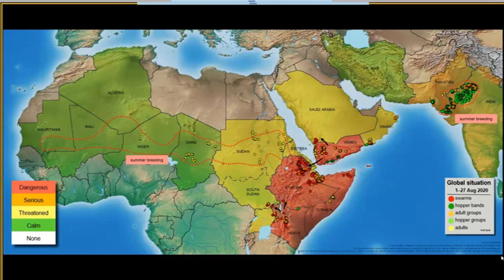So you can see the geographical distribution of the current problem, and this is constantly shifting. This is a dynamic emergency. It's not like those rains in Karachi that you had 2 days ago. The rains, they started, they stopped, you have flooded areas and you have non-flooded areas. You can see where the emergency is and where it is not. Desert locust is a rolling emergency. It continually shifts.